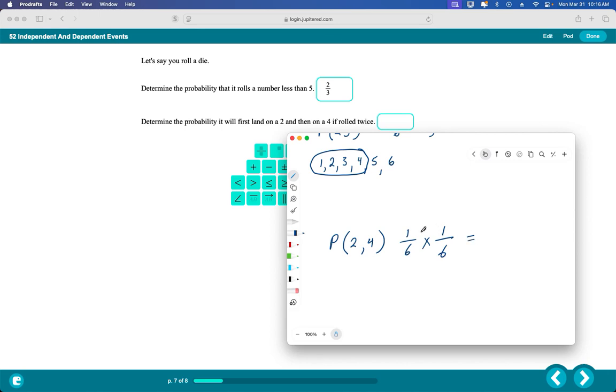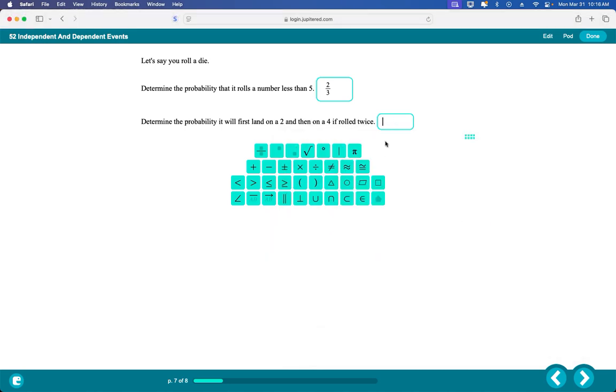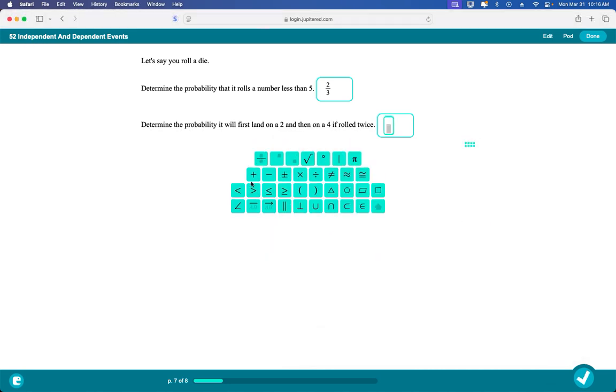We multiply. 1 times 1 is 1. 6 times 6 is 36. That's your answer. 1 out of 36. We have a 1 out of 36 chance that it would roll on a 2 and then on a 4. Let's check our work. They're both correct.